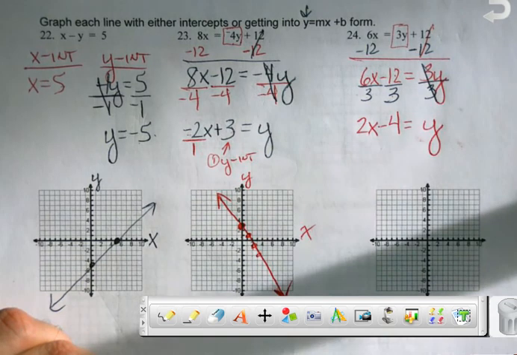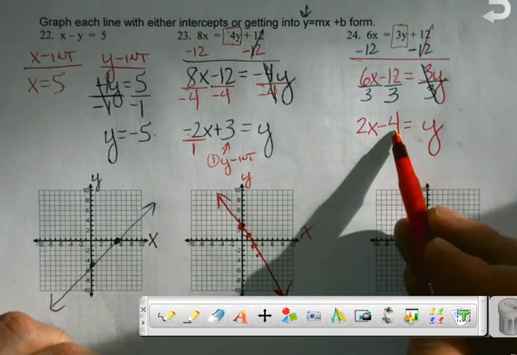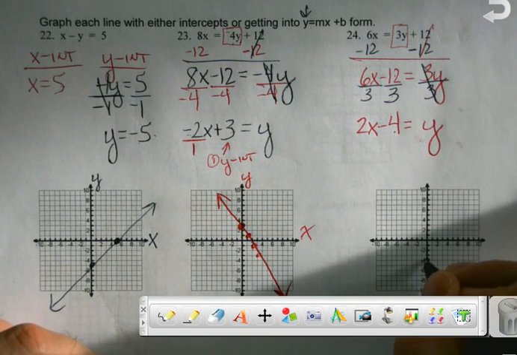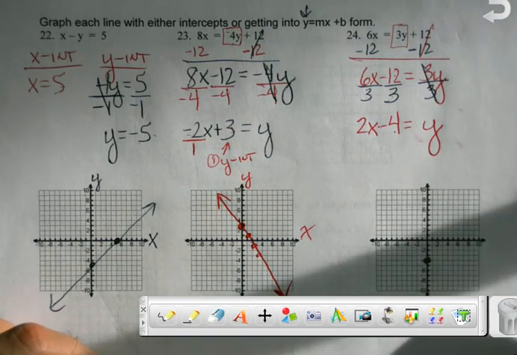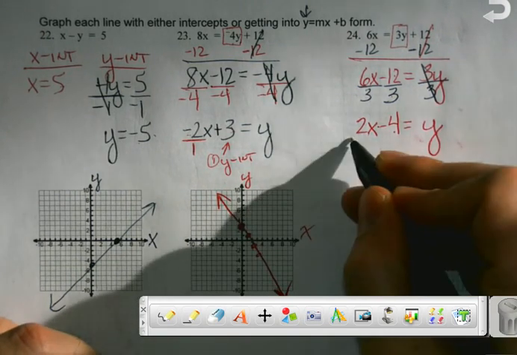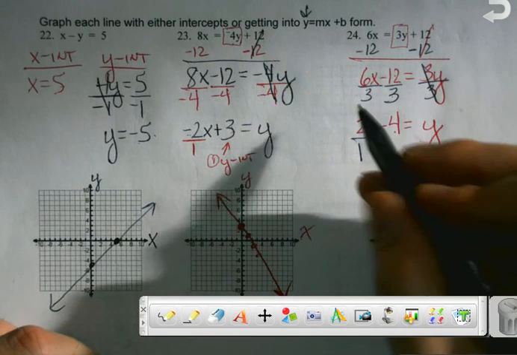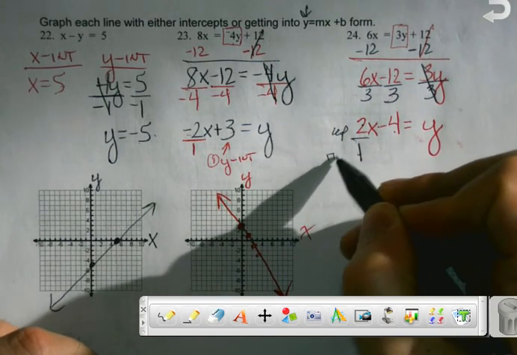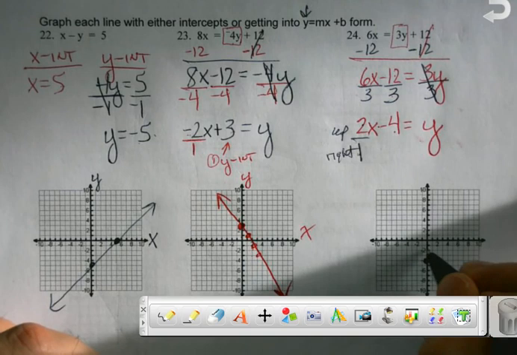And again, when I go to graph, the number hanging out on its own is my y-intercept. Down 4, put a dot. Make my slope a fraction. Up and right. Up 2, right 1.